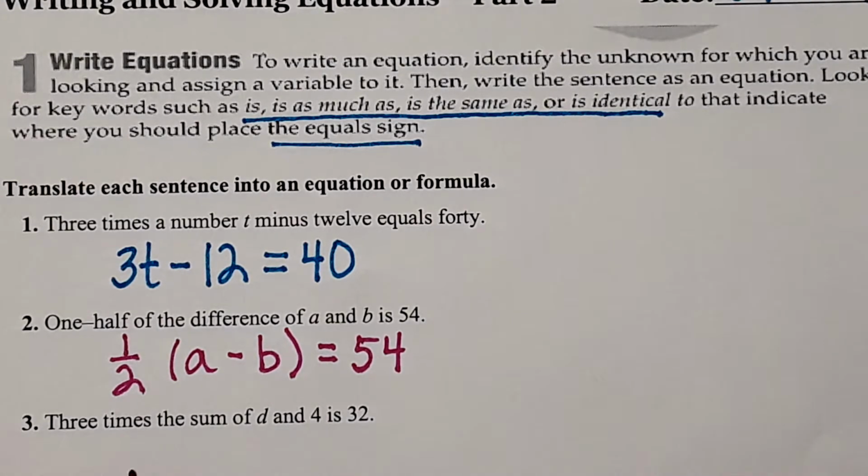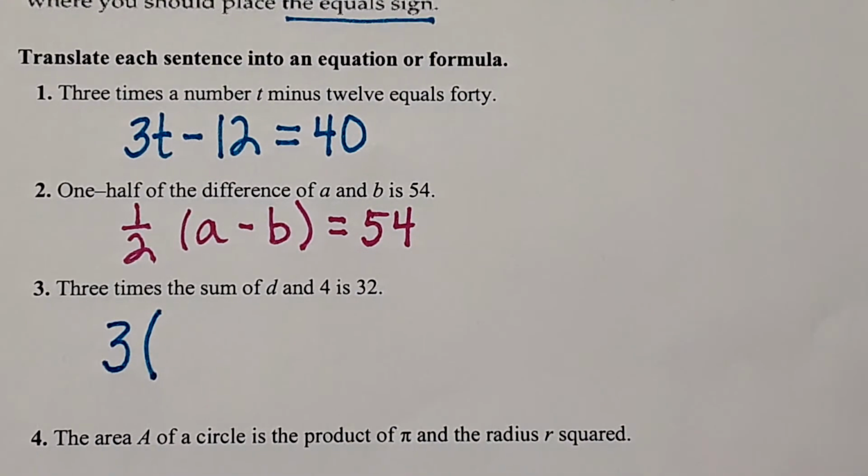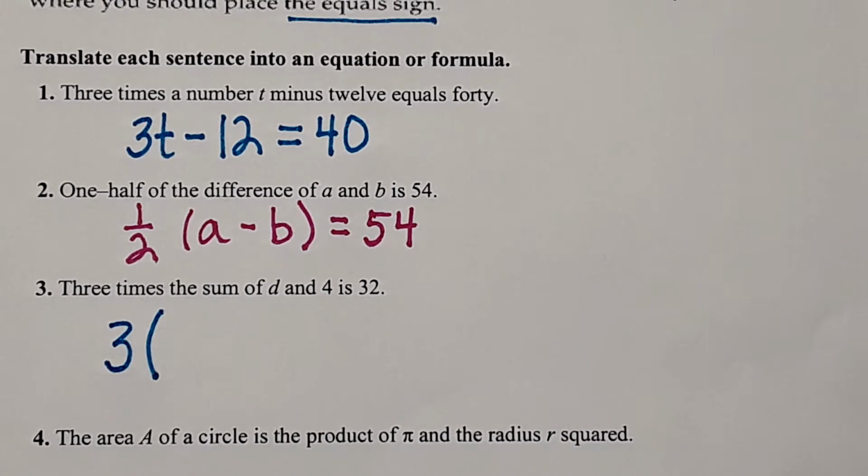Look at this one. 3 times the sum. As soon as you see 3 times the sum, it means that you're going to need some type of parenthesis. So 3 parenthesis. And what? So then your next question is, what do I have to do with the D and the 4? Add, because it says you want the sum of D and 4.